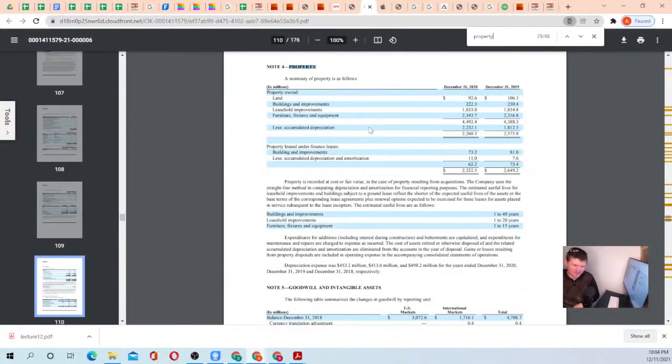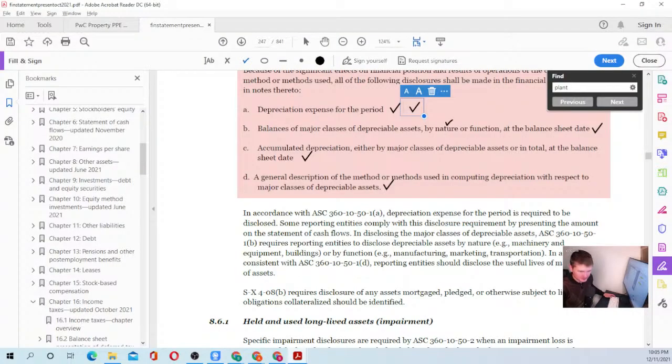So as you can see, it looks almost the same as Apple, with the only exception being property leased under finance leases. And we have accumulated depreciation here as well. So we've done that. We've done accumulated depreciation.